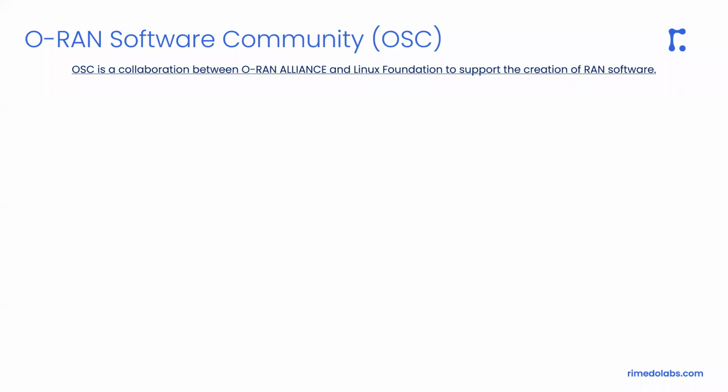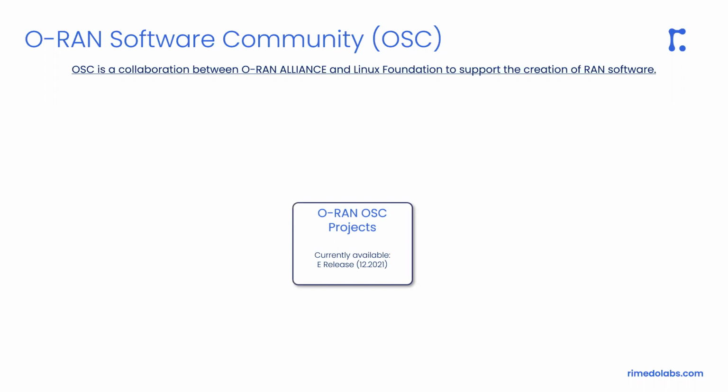The O-RAN Software Community is a collaboration between the O-RAN Alliance and the Linux Foundation that provides different projects, and they actually have the releases of the software. In that case, there is the E release, which is the 5th release of the software version.